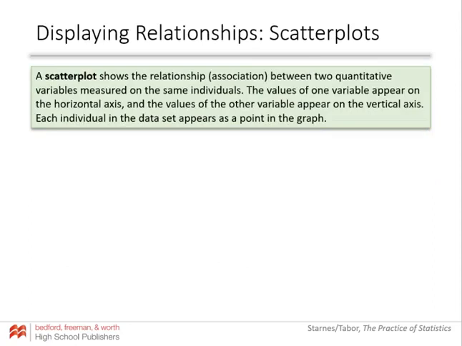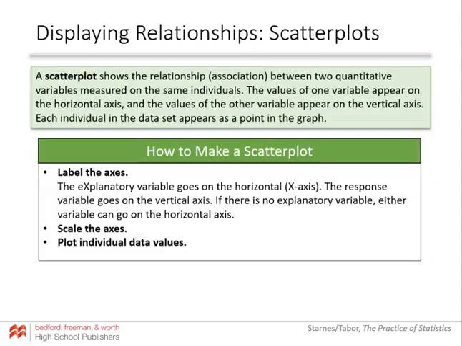This is nothing new. You have seen this before. Okay, you're going to have to draw scatter plots. So you have to make sure that we label the axes with units and what we're talking about. The explanatory variable goes on the x-axis and the response variable goes on the y-axis. Make sure that you have a scale on the axes, and then plot the individual data points.